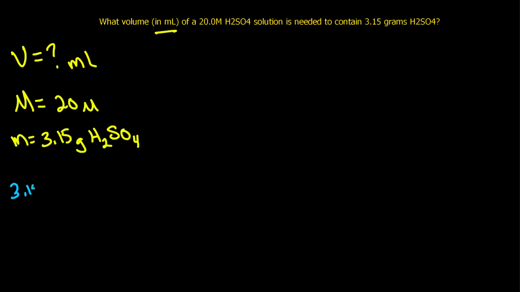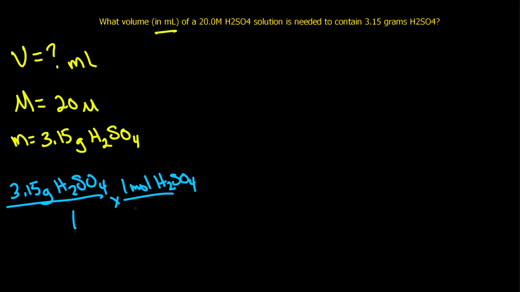So I got 3.15 grams of sulfuric acid, and I need to know how many moles that is. So 1 mole of H2SO4 is 98 grams. And I know that because I add up my atomic masses. Sulfur's 32, 4 oxygens is 64, plus 2 hydrogens should be 98 grams.